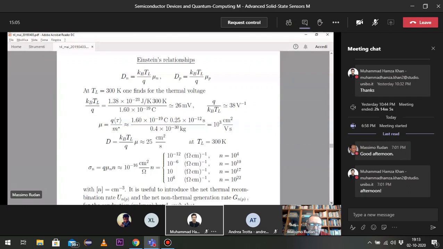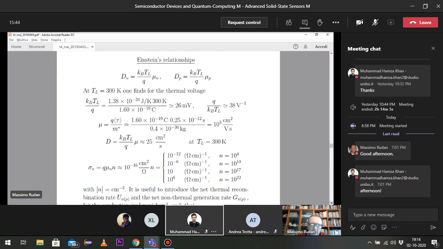You remember the Boltzmann constant is 1.38 times 10 to the minus 23rd joule over Kelvin. And the modulus of the electron charge is 1.6 times 10 to the minus 19th Coulomb. So globally, this gives about 26 millivolts. So kT over Q has the units of volts. Its value at room temperature is about 26 millivolts.